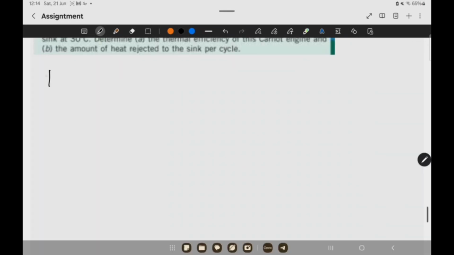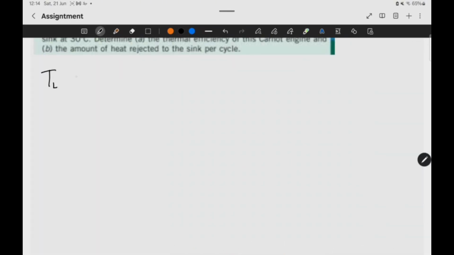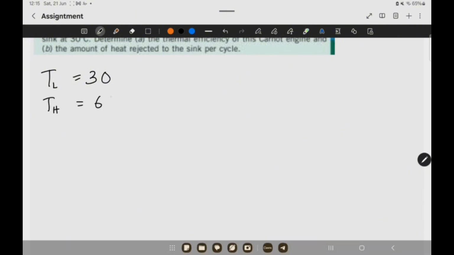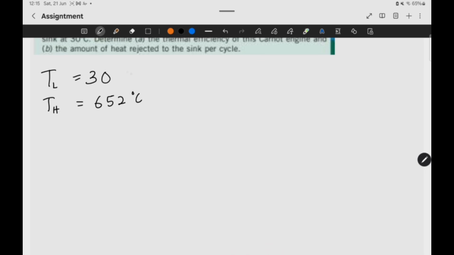Okay, so TL equals 30 and TH equals 652 degrees Celsius.